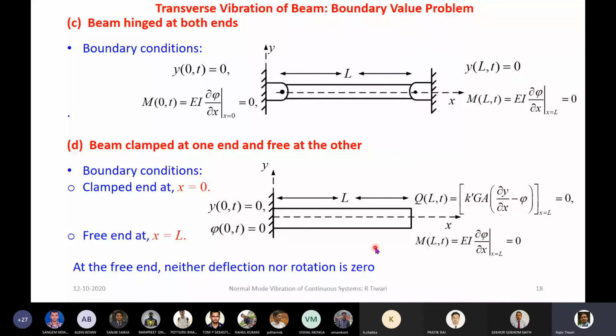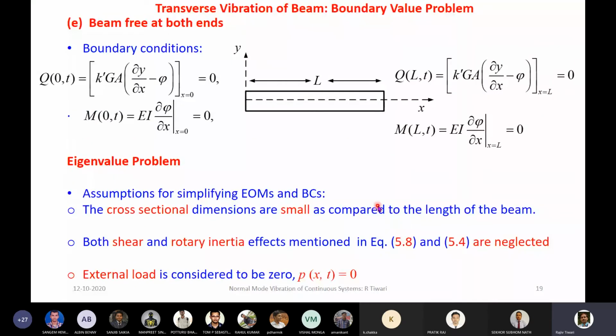And then the last boundary condition, which is also a simple one, is the free beam. It's something like there's no support at both the ends of this beam. In this particular case, if an aircraft is moving in air, and we consider the whole aircraft as a beam, then we can consider that kind of boundary conditions.